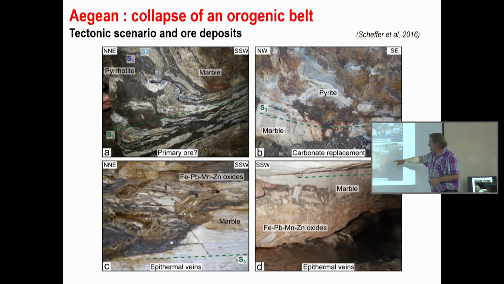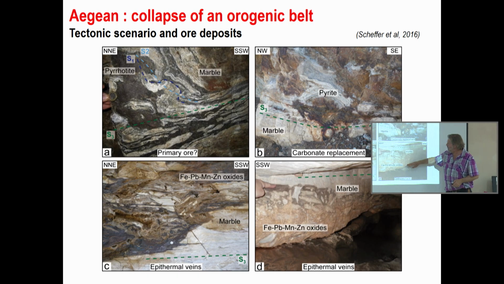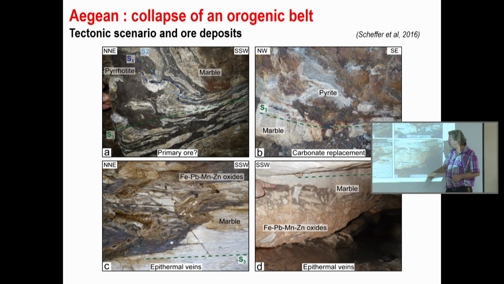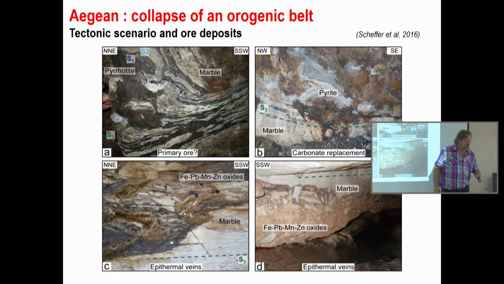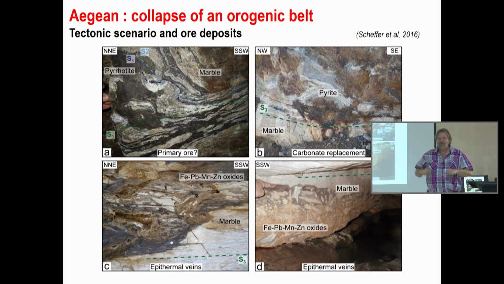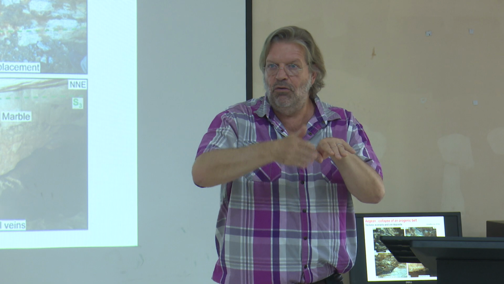And we could find the last event, the last ores, are iron and lead, and that was what was mined at first. And that's exactly in the detachment. That's why I was telling you, when they showed us the map of the galleries, it was a map of the detachment. And at some point, the detachment would be cut by a high-angle normal fault.